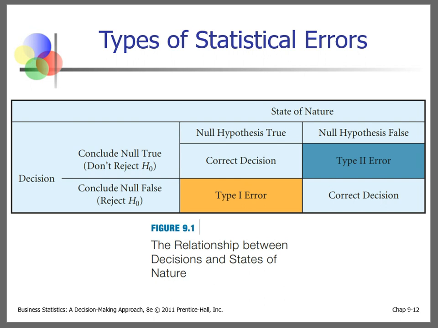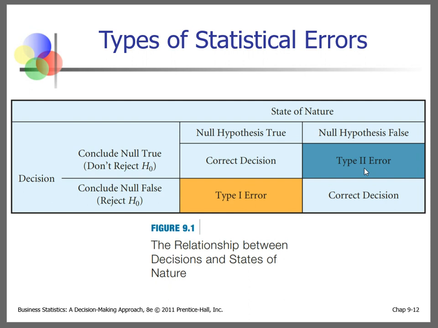Figure 9.1 shows the possible actions and states of nature associated with any hypothesis testing application. As you can see, there are three possible outcomes: no error, or the correct decision has been made, the type 1 error, and the type 2 error. Only one of these will be the outcome for a hypothesis test.